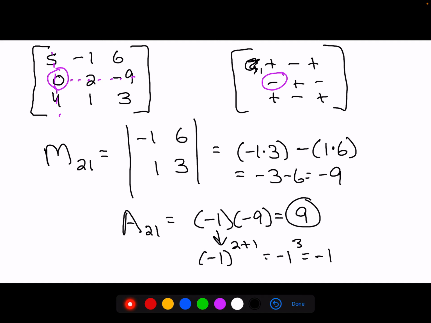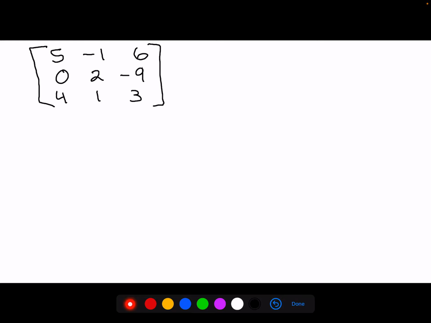All right. And then one more time, we were supposed to do 3 also. So let me rewrite that matrix one more time. Okay, so this time we were doing 3. Looking at our symbols, we're going to have a positive again that we multiply by.